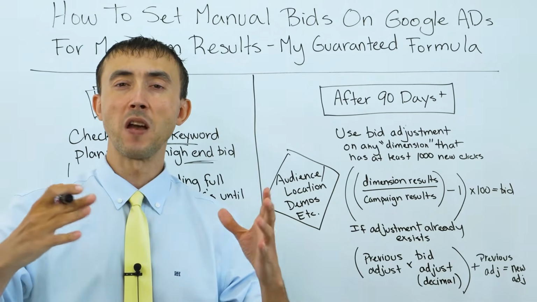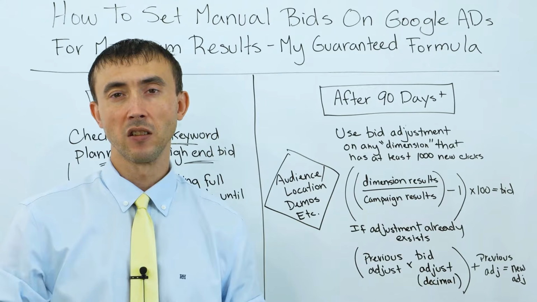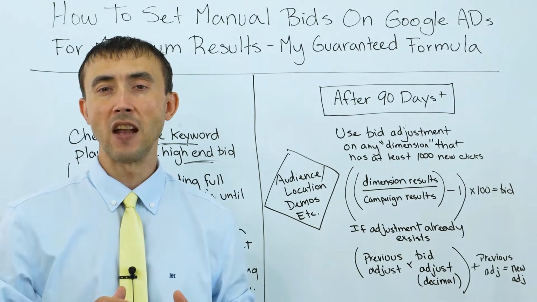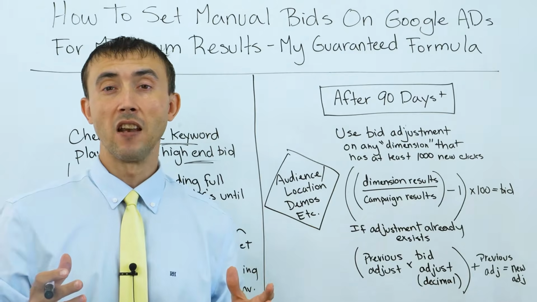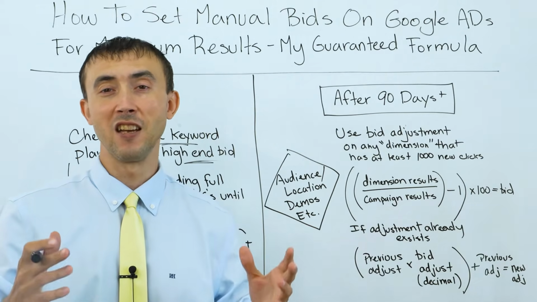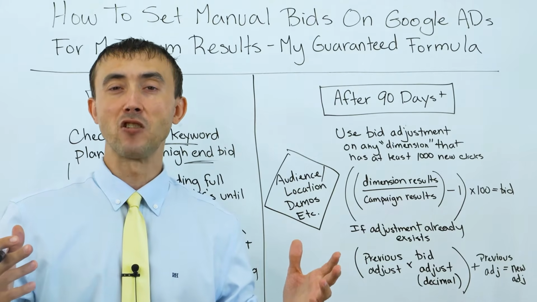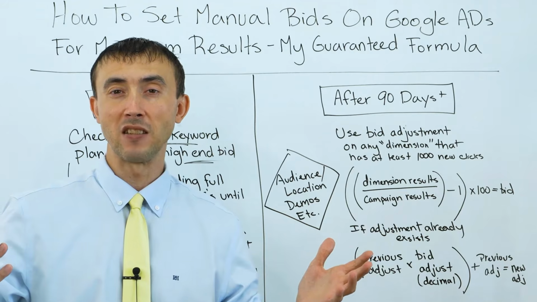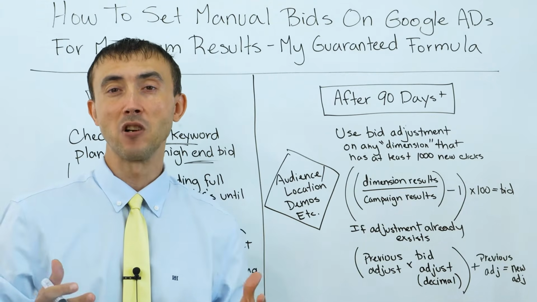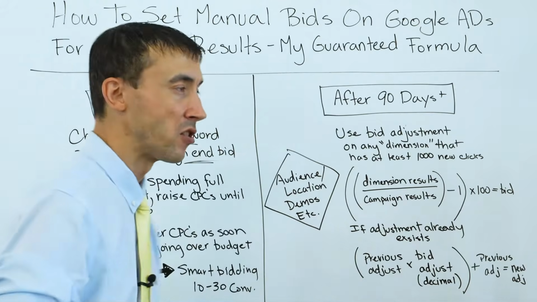That first page warning goes away, except for the keywords where it's over $20. I would recommend that too, because I don't know what Google did with their systems, but there are keywords where they want 30 times higher than the account average to get shown on the first page. And the keyword's not that amazing either. It's definitely not worth 30 times what the account average is. So anyway, there's the deal with that.